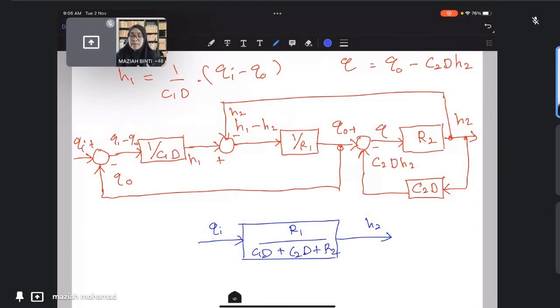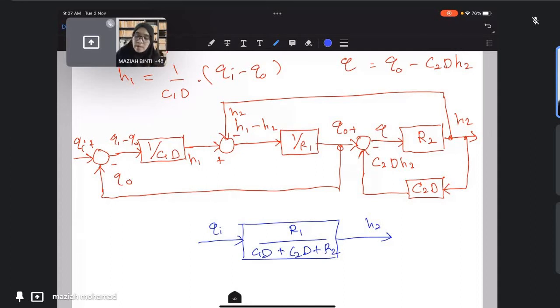Okay, so we want to get this final transfer function, but we're going to use the block diagram simplification method. Meaning we will need to simplify this block diagram. There are basically five basic rules we can use.